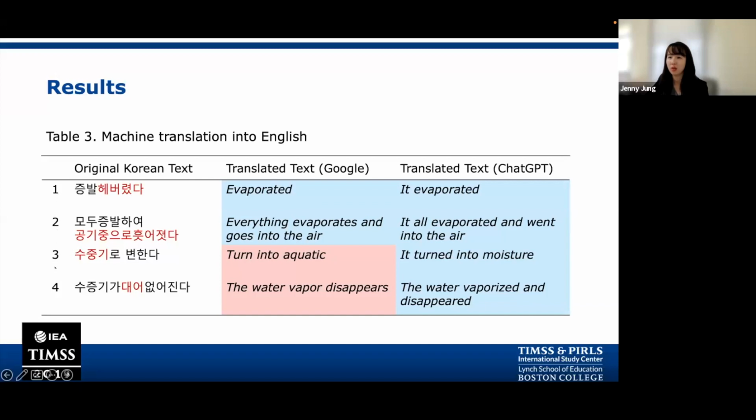So they have problems with spelling and spacing. For the first two responses, both Google and ChatGPT were able to provide an appropriate translation. However, for the third and the last one, I noticed that the Google translation is inappropriate. ChatGPT was able to provide a more context-relevant translation based on the question. So even with the misspelling and no spacing issue, ChatGPT outperformed Google in general.